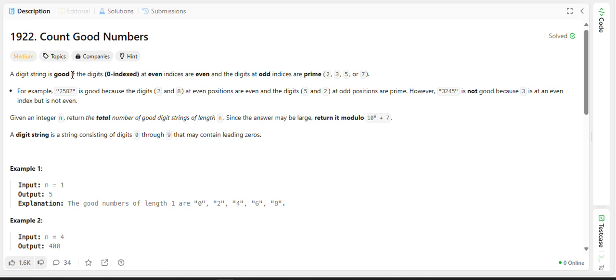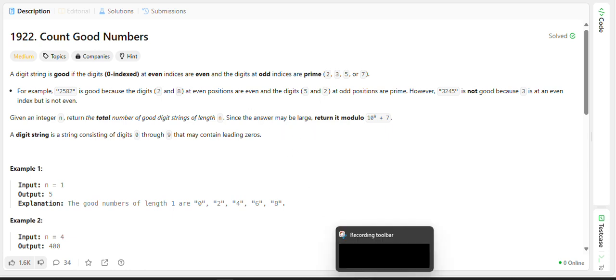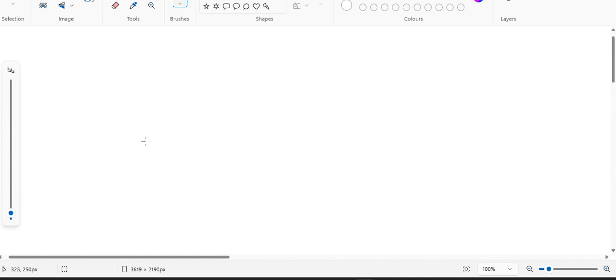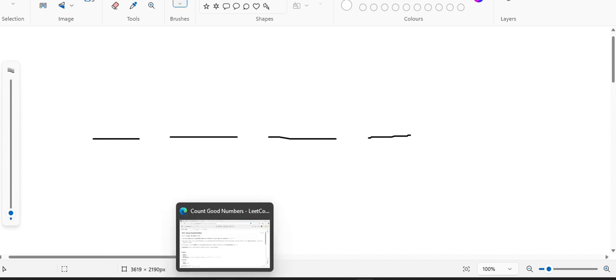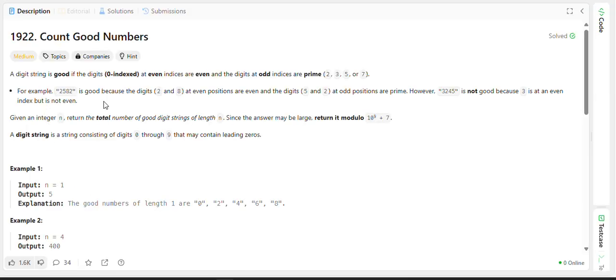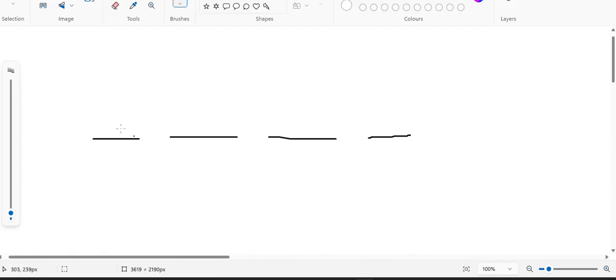Here an example is given: 2582. This is a good string. Why is it considered to be good? Because at the even indices it should be even. Okay, let me draw it for you so that you can understand a little bit better. In the example, it is n of length 4, 2582, right?